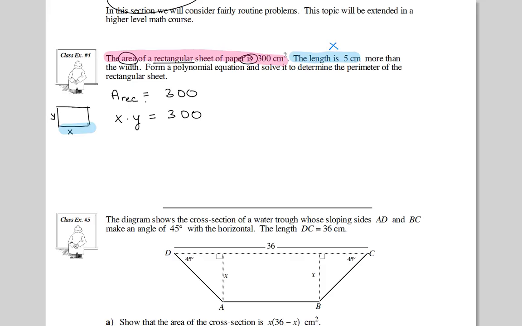We're using x. Okay, the length, x, the length is, so what is? Equals, and then it says 5 more than the width.